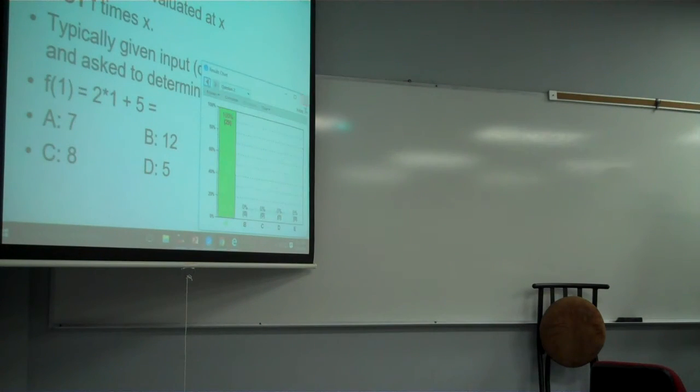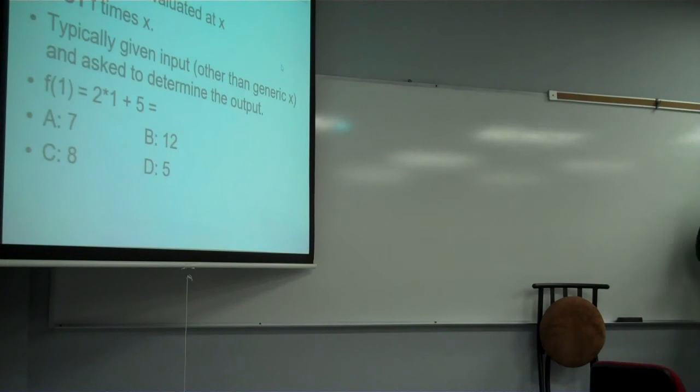And everyone correctly said it's 7. We just evaluate the expression. Well, the problem's not always that easy. In fact, I try to make them a little harder. So what about f of negative 1?